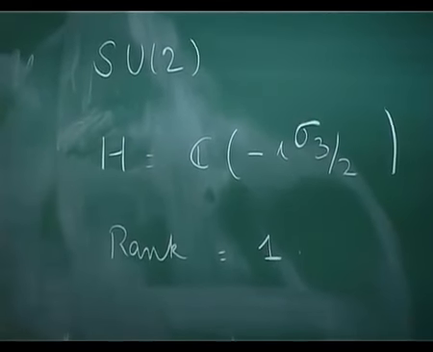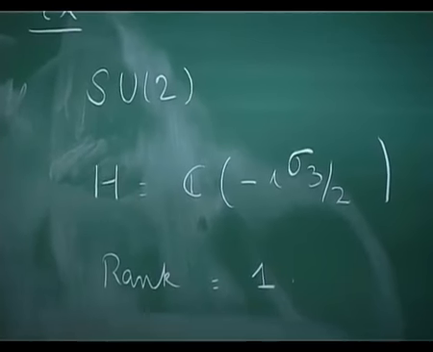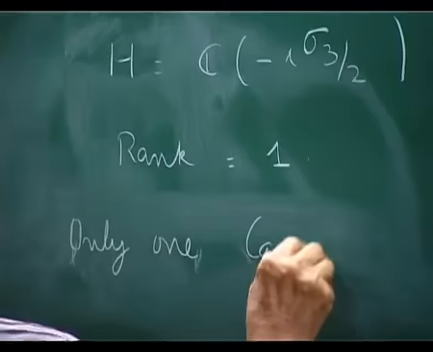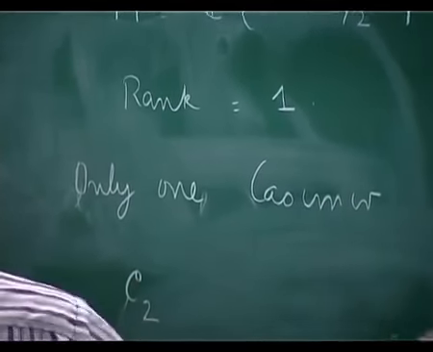Okay. So there is only one quadratic Casimir, C2, which we wrote, no? We will work it out.